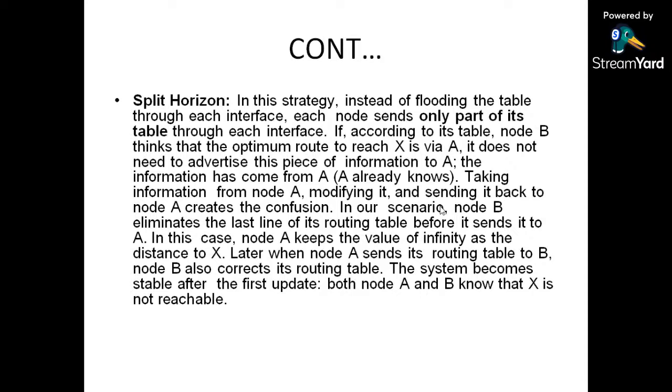If, according to its table, node B thinks that the optimum route to node X is via A, it does not inform A of this, because taking information from node A, modifying it and sending it back to node A creates the confusion.